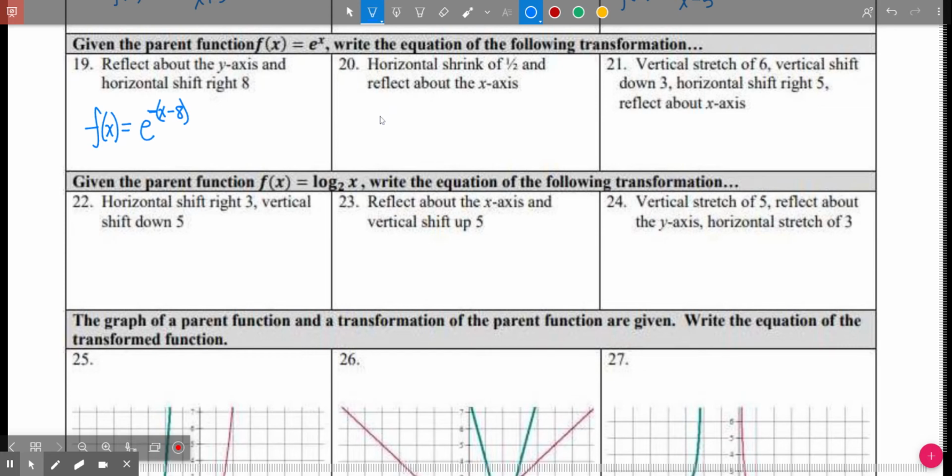In number 20, this is f of x is equal to, I have a horizontal shrink of 1/2 and a reflection about the x-axis. So this is negative outside for my x-axis reflection, and a horizontal shrink means the opposite multiplier inside.